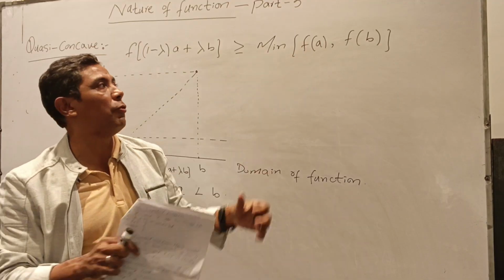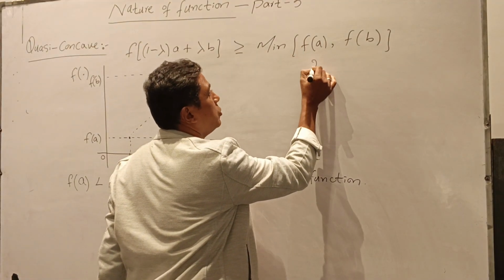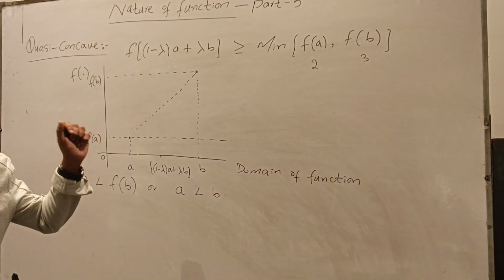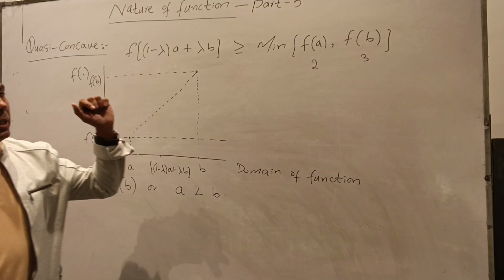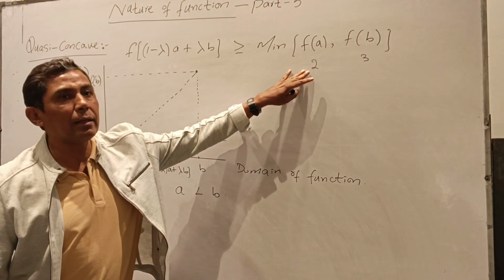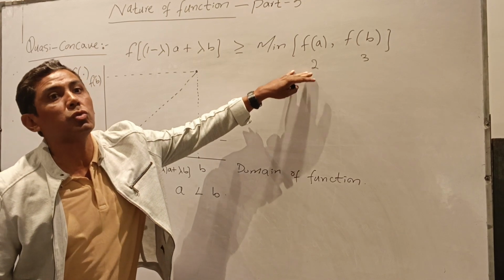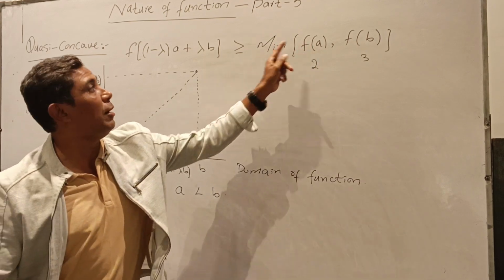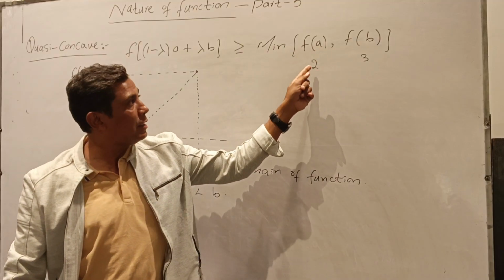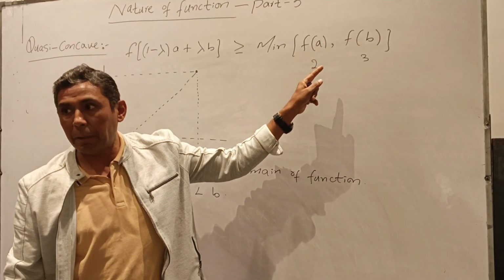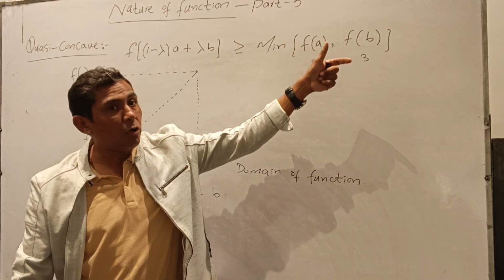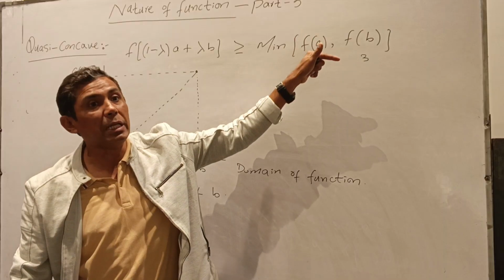For example, let's say it is 2, it is 3. You will decide that all the values will be greater than or equal to 2, not 3, because you have to select the min of these. So you will select 2 for comparison, not the 3. Clear? Min of this one means which value is minimum.